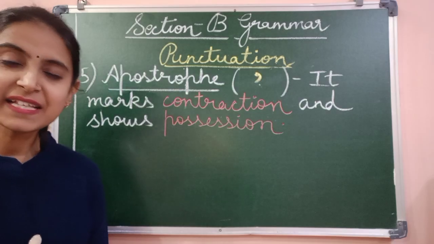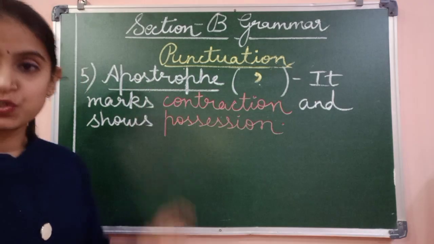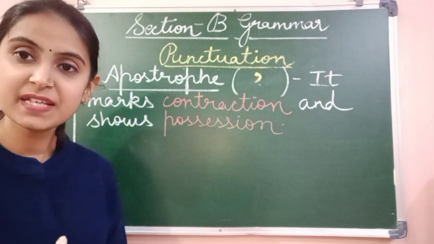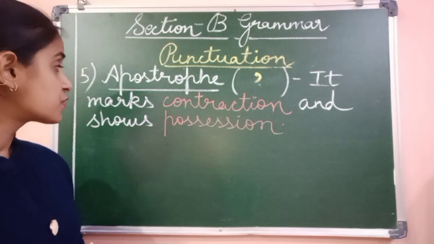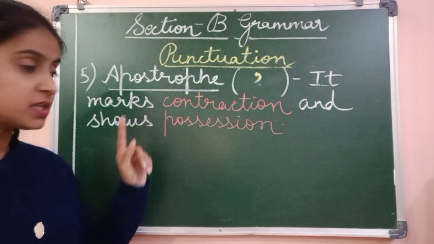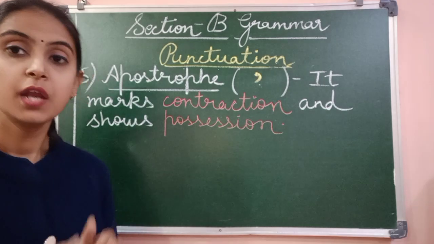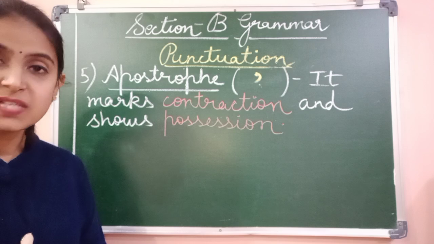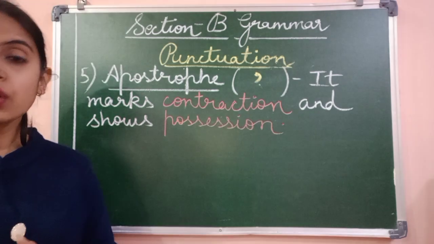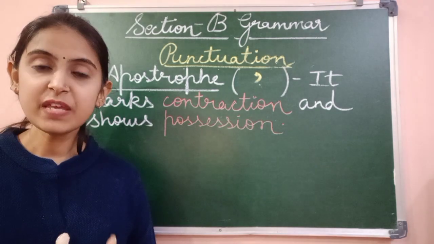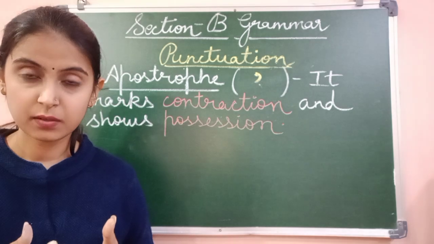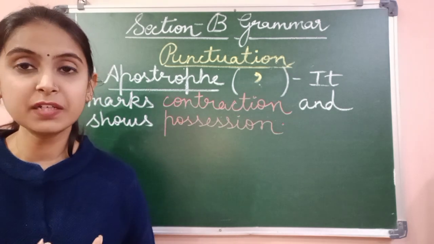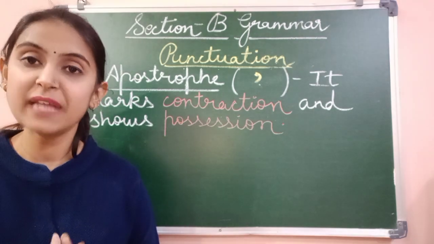Right? The next punctuation mark is the apostrophe. The sign of the apostrophe is this. Now children, the apostrophe is used to mark contraction and show possession. Now first of all, you need to understand what contraction and possession are. A contraction means when we make any word short, right, by omitting a letter or 2 letters from that word.